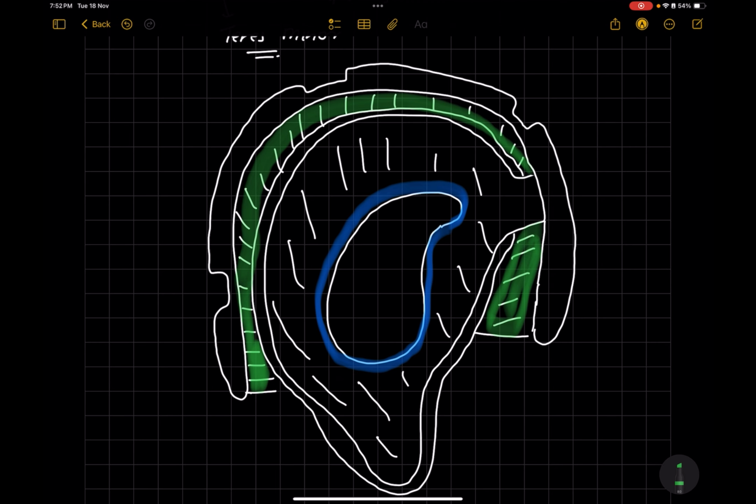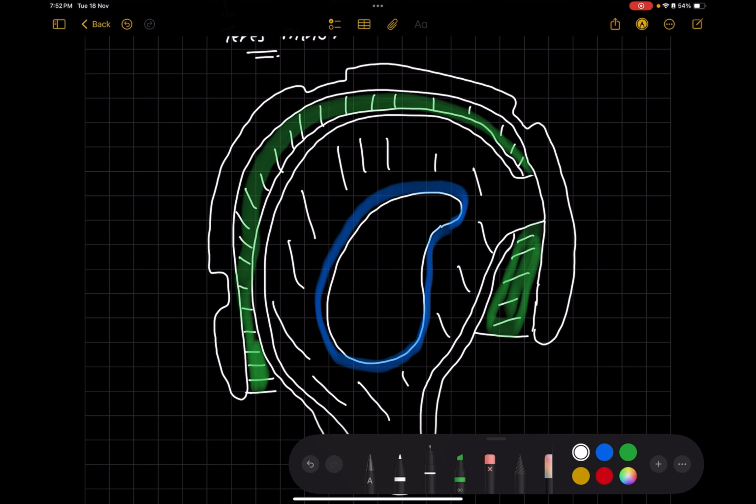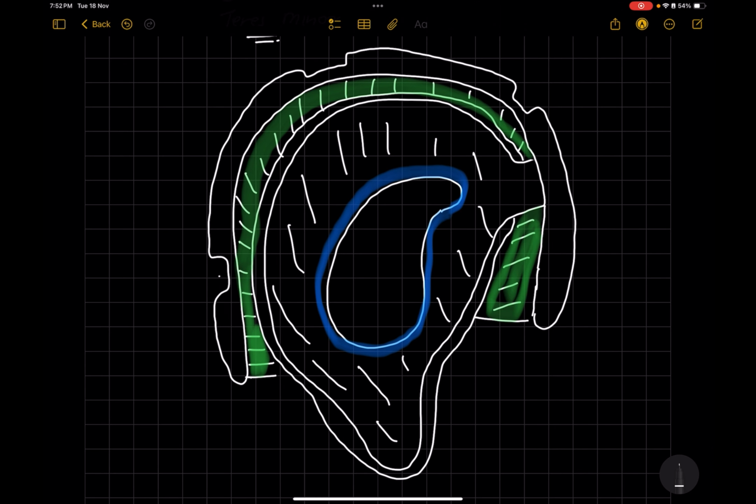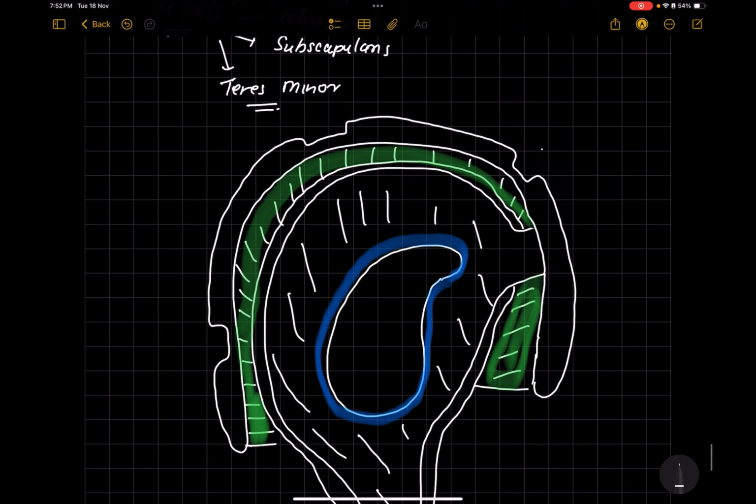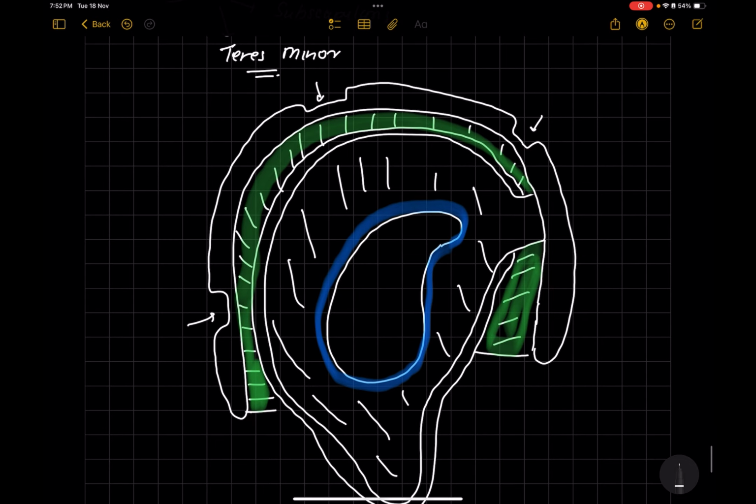As you can see, there are clear demarcations between the muscles, here, here and here. But those demarcations do not exist between these tendons. What does this signify? That yes, they have fused.